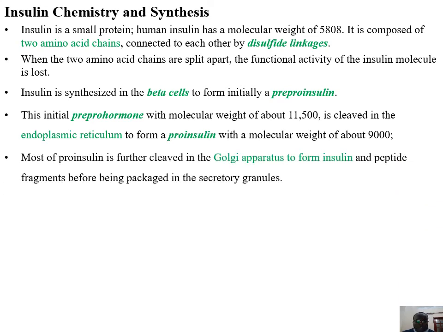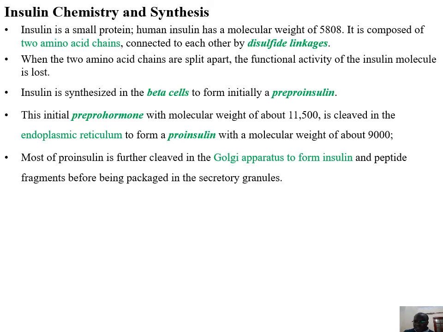Most of the pro-insulin is further cleaved in the Golgi apparatus to form insulin. This is the modification taking place within the Golgi apparatus. By now you understand the function of cell organelles. The Golgi apparatus is involved in the modification of proteins, and this is one of the modifications taking place there: the conversion of pro-insulin into insulin and peptide fragments.